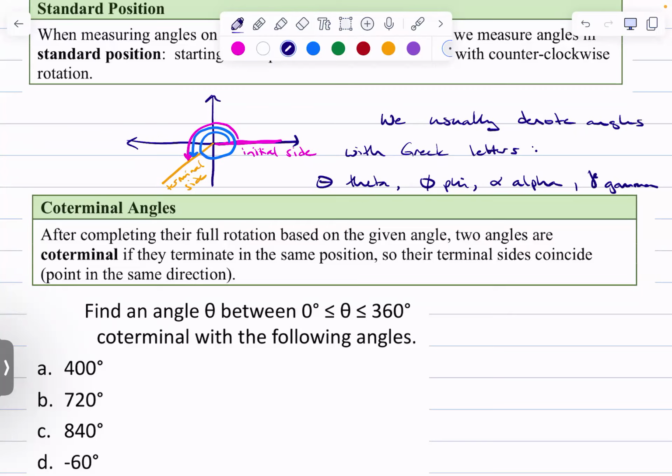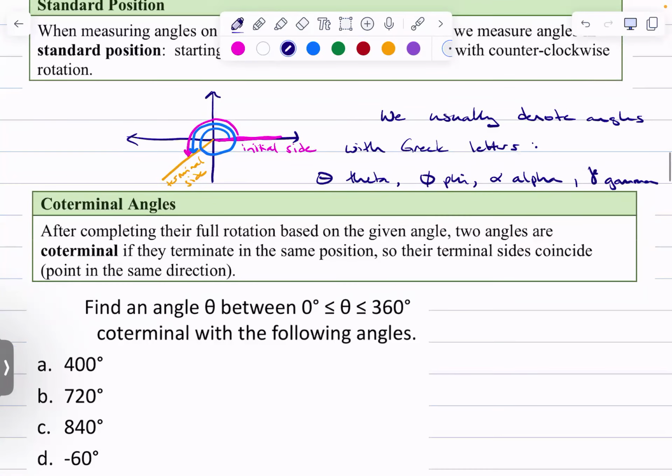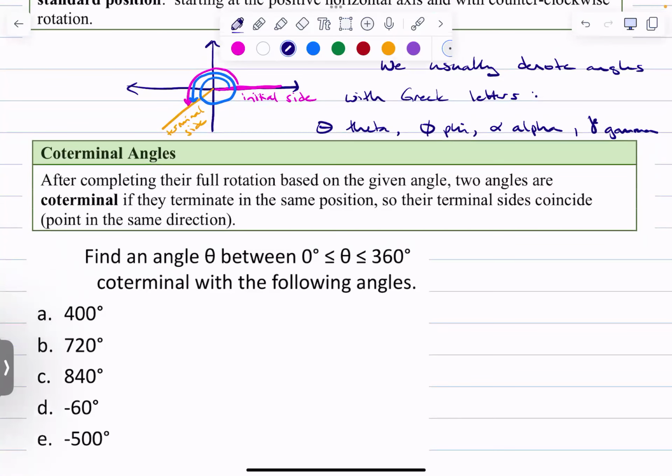Mu, but we don't tend to use mu for angles because mu is for the population average. That's not for us. That's for when you take your stats course, which you will.